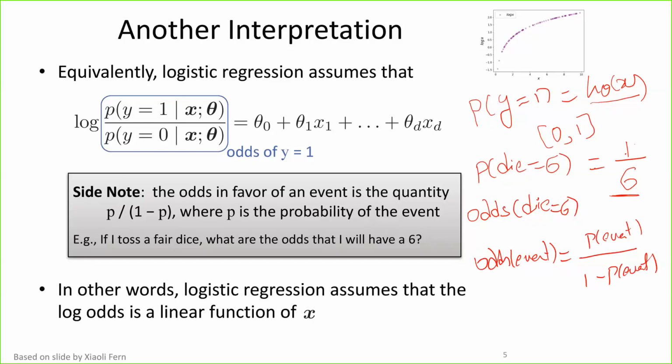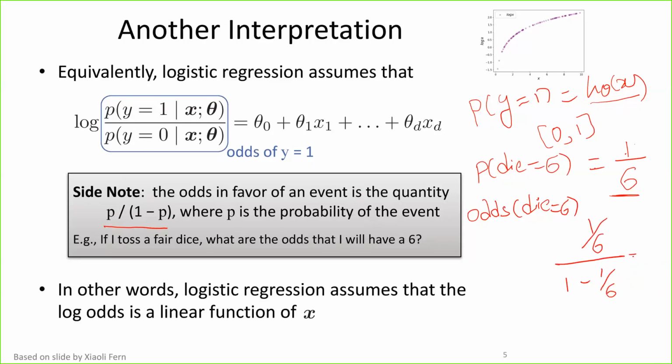So the odds in favor of an event is the quantity P by 1 minus P, where P is the probability of the event. Now, what is the odds of die equal to 6? It is 1 by 6 divided by 1 minus 1 by 6, which is 5 by 6. Therefore, it is 1 by 5.